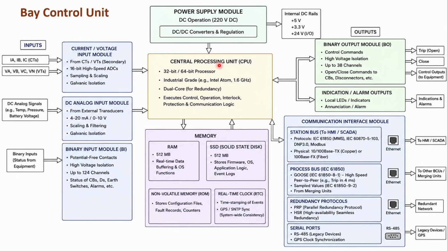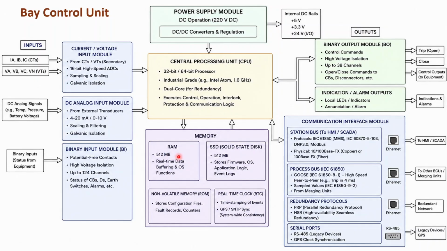In order to support this central processing unit, you need the memory, right? These bay controller units have random access memory as well as a solid state disk. Depending on the bay controller unit, the amount of memory available could be different.